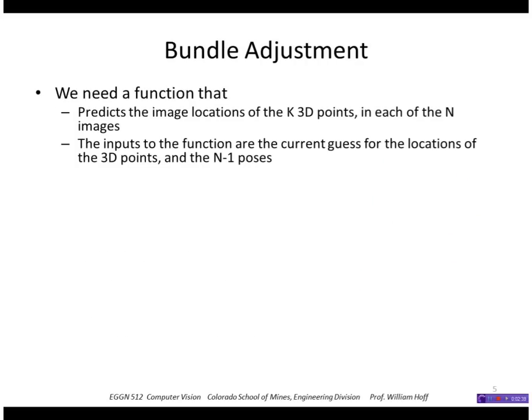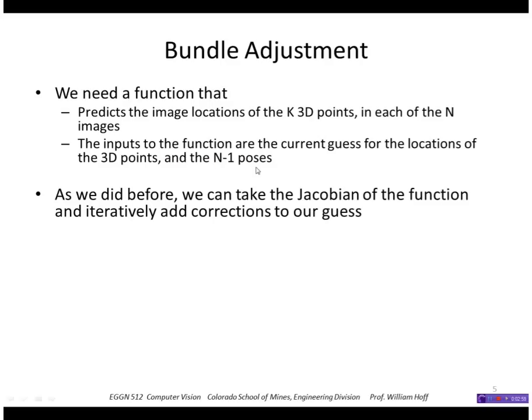Just like we did with nonlinear least squares estimation of pose, we need a function that predicts the image locations of the 3D points in each of the n camera images or n poses. The inputs to the function are the current guesses for the 3D points and the guesses for the n-1 poses.